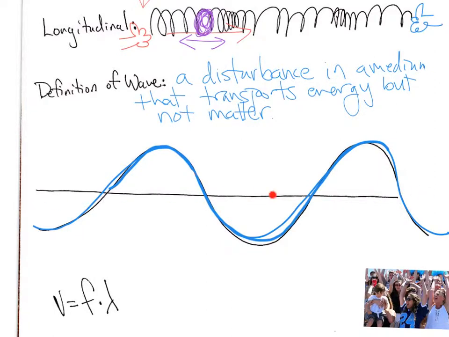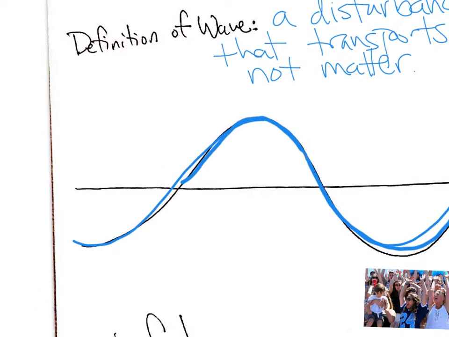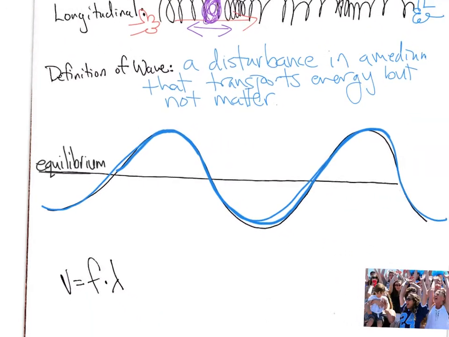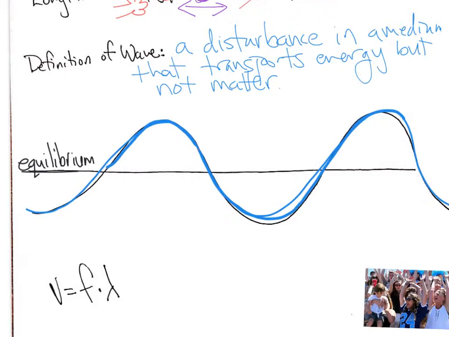If it were perfectly calm, the surfers would be bored, but there'd be no waves, and so we call this equilibrium position. If you've been doing graphs of sine and cosine functions, you know, this is the x-axis or whatever. So this is our equilibrium position.